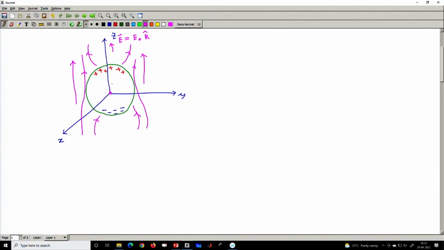So we need to find out the potential. The total potential will be phi, equal to phi 0 plus phi I. Phi 0 is the potential due to E 0, which is already there, and phi I is the potential due to the induced field, because there is a charge separation. So some field is being induced.